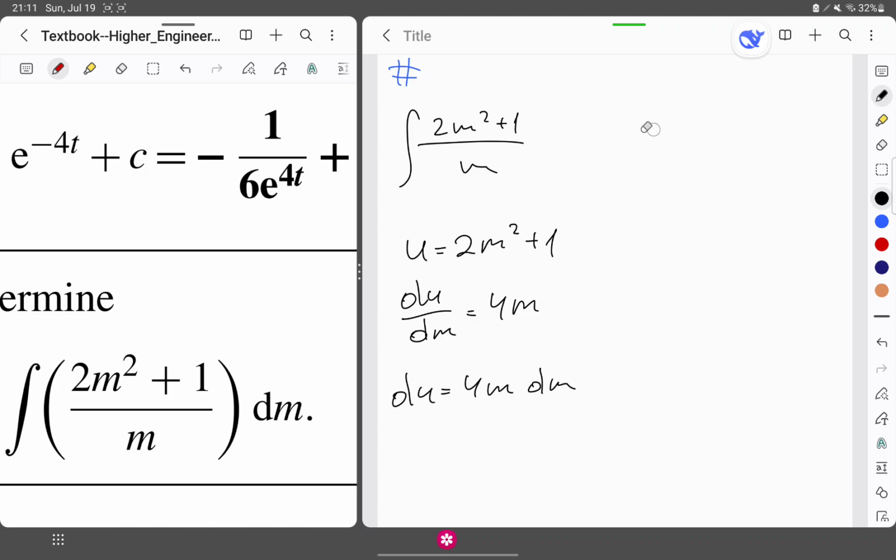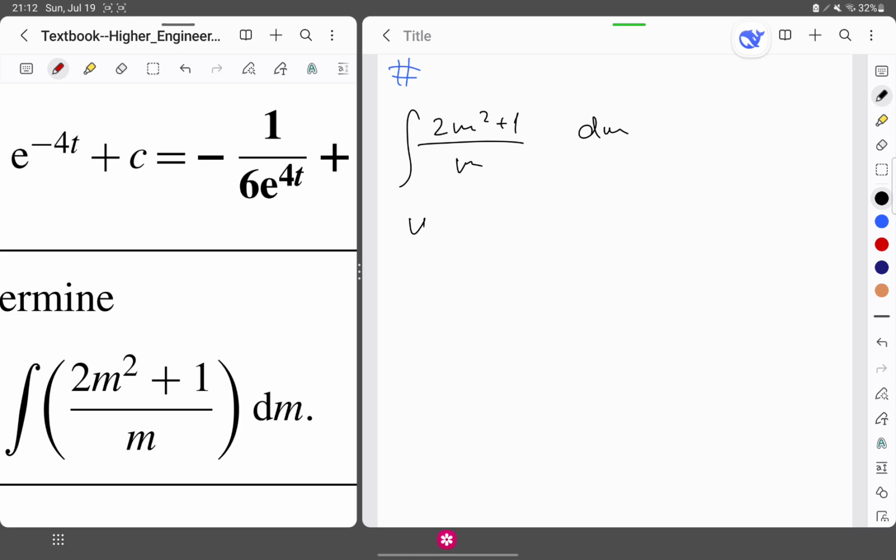And 2m squared plus 1 equals u. Wait a second, our u is 2m squared plus 1. The derivative, du over dm, will be 4m.